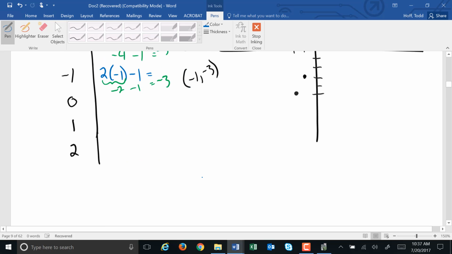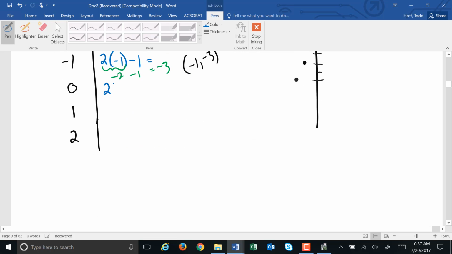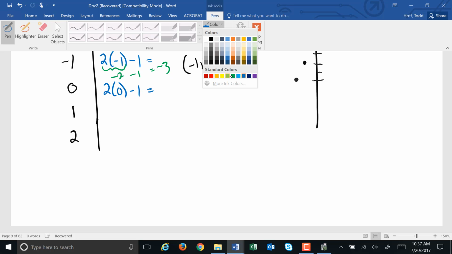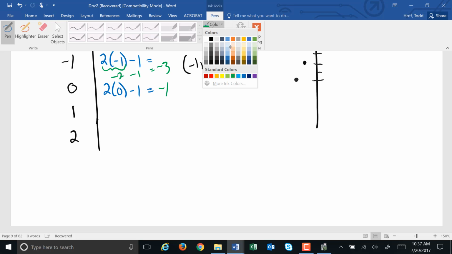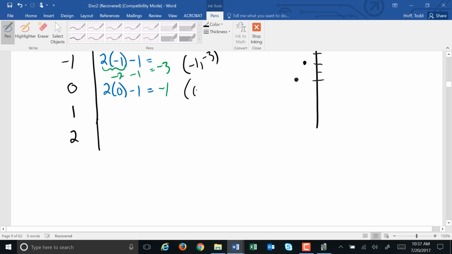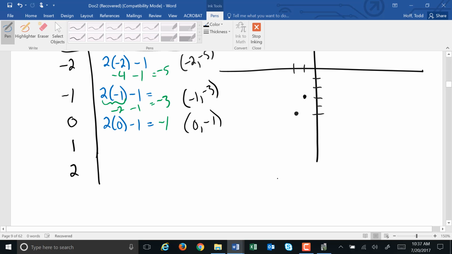If x is 0, y is going to be 2 times 0 minus 1. What's 2 times 0? 0 minus 1? -1. So when x is 0, y is -1. So over here, 0, -1 is right there.